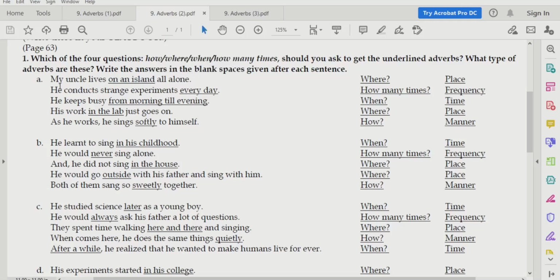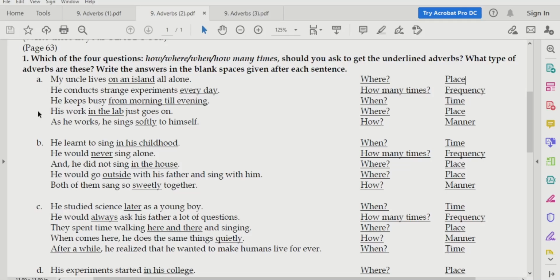Now just imagine that the question would be, my uncle lives all alone. Somebody may ask, where does your uncle live all alone? So you will immediately get an answer, my uncle lives on an island all alone. So you can see over here, where is the question that you have to ask, and on an island becomes adverb of place because you have asked कहाँ रहते हैं, where does your uncle live.